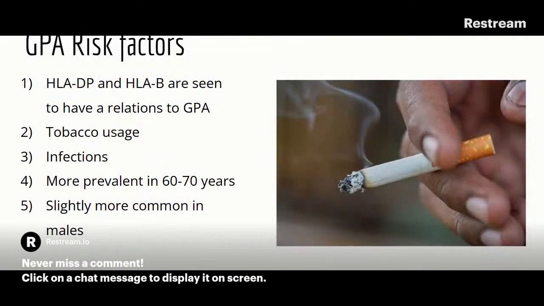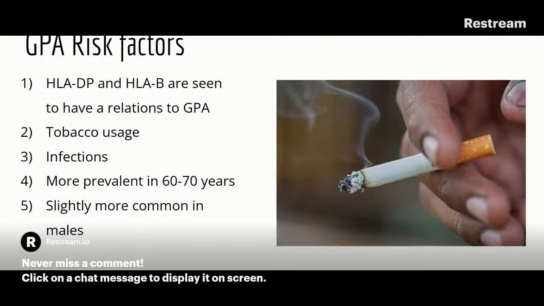Risk factors, and you'll hear a lot of these risk factors be the same. There's not a lot of them for most conditions. We have some immunological involvement, HLA-DP and HLA-B, which from an exam standpoint, I wouldn't think too much about. Just know that there's some sort of immunological involvement. Tobacco usage is linked to GPA.